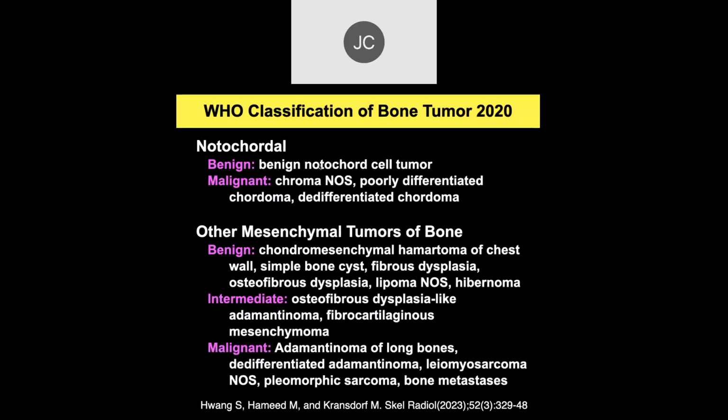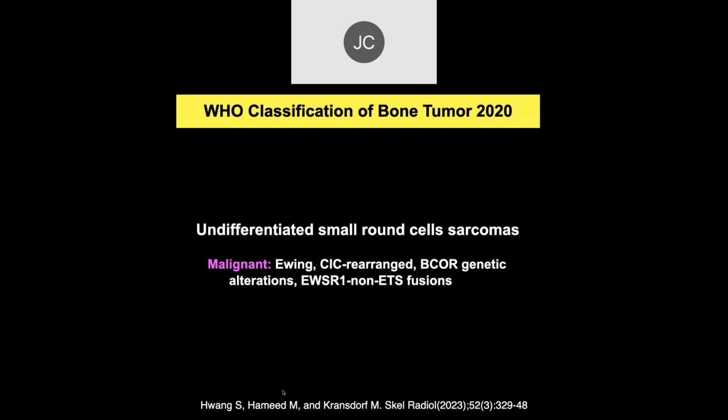And then the same with notochordal lesions, just benign or malignant, and then other mesenchymal tumors of bone, which we've talked about. And then finally, there's the undifferentiated small round cells, and these are all malignant sarcomas.